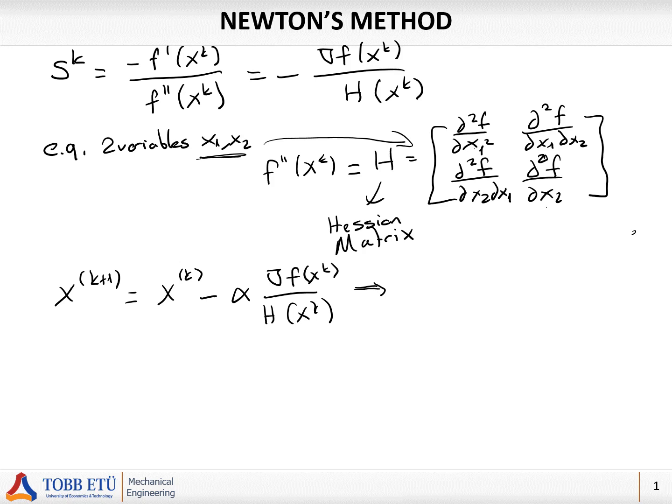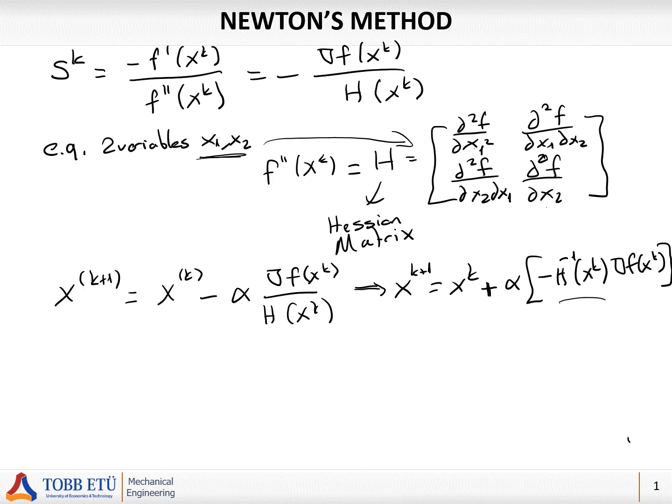Also we can write it with the inverse matrix on top instead of as the denominator. Then xk plus 1 is equivalent to xk minus alpha times the Hessian inverse of xk and the gradient f of xk.